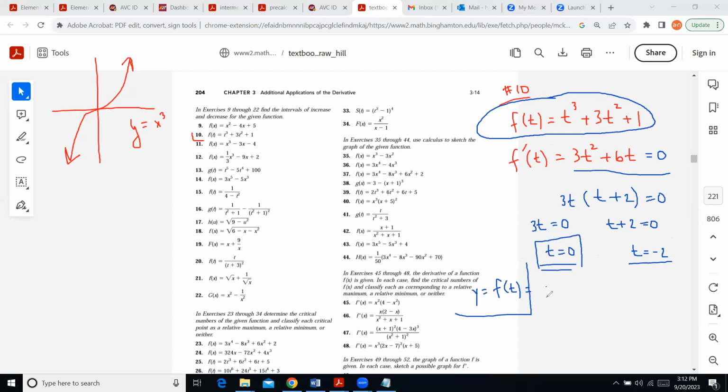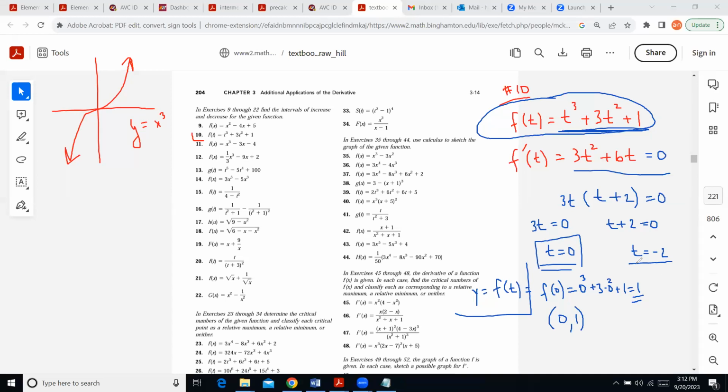So I find f of 0 and I plug into my function up there. So we get 0 to the third plus 3 times 0 to the second plus 1, which is equal to number 1, right? So that's my first point. t is 0, y is 1.